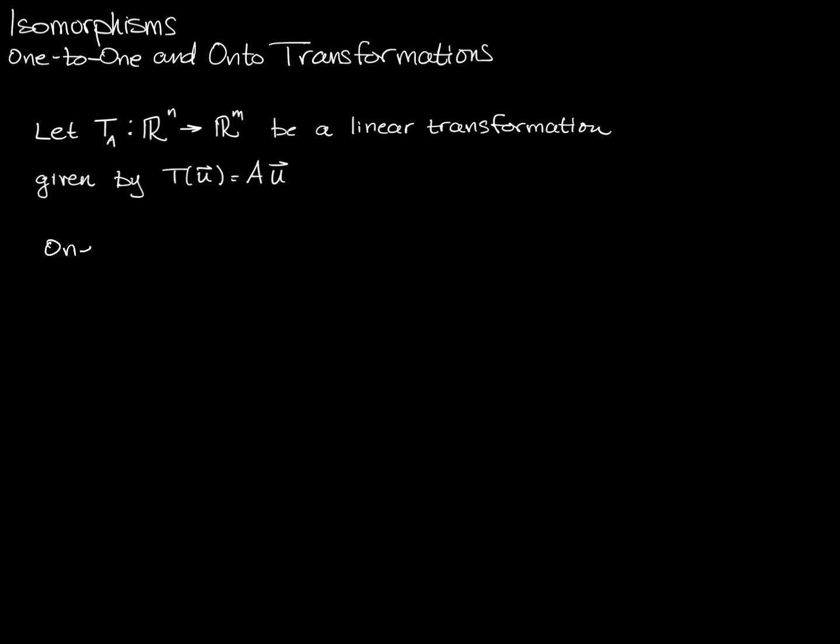And that is that a transformation is going to turn out to be one-to-one if the columns of A are linearly independent.